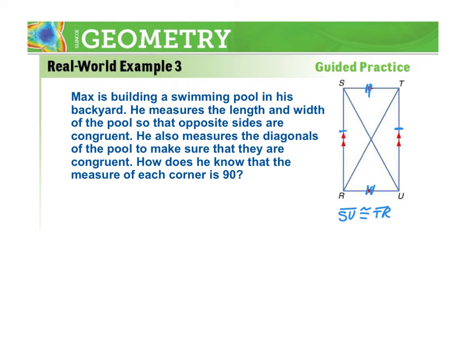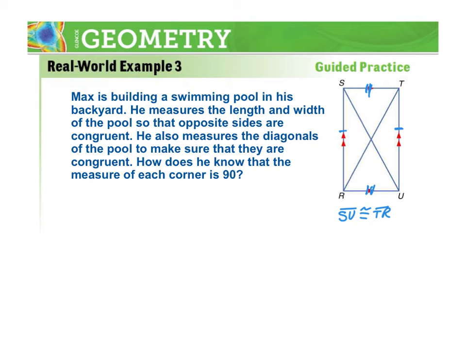Since STUR is a quadrilateral and the diagonals are congruent, what is our next step? It isn't stated that STUR is a parallelogram, so we need to prove that STUR is a parallelogram before we can do anything. What theorem or postulate then ensures that STUR is a parallelogram?